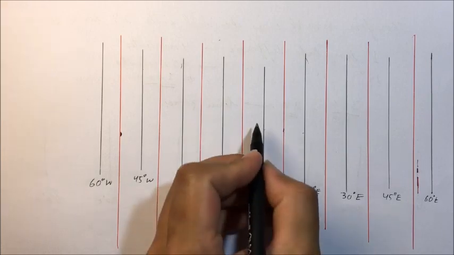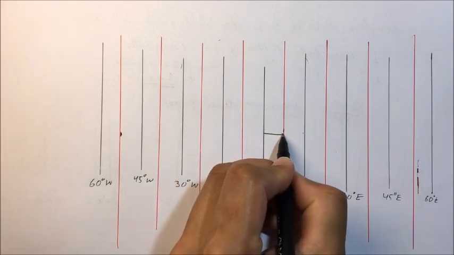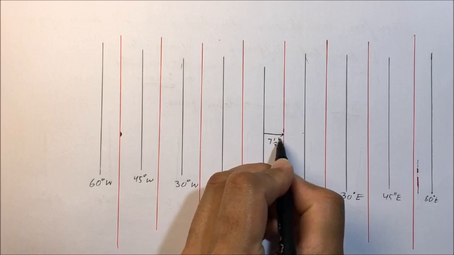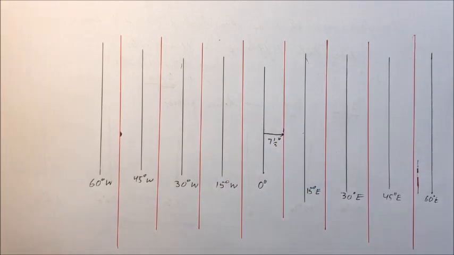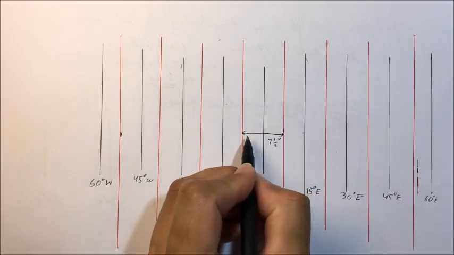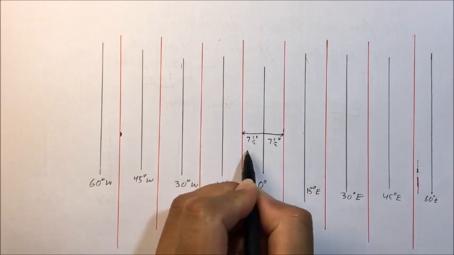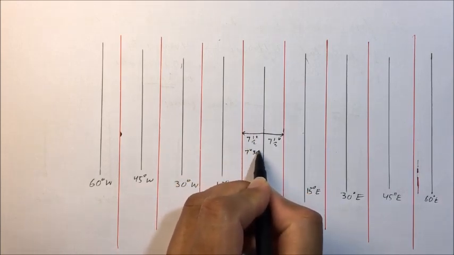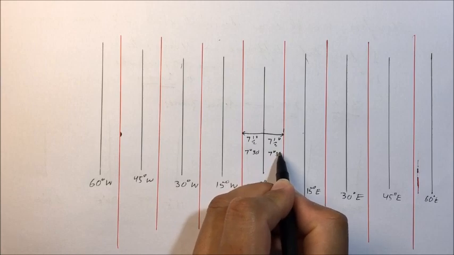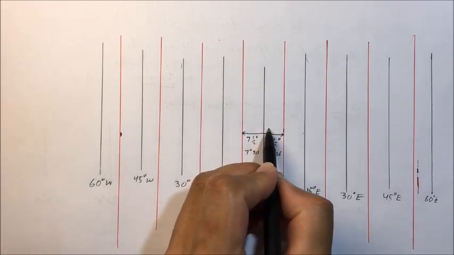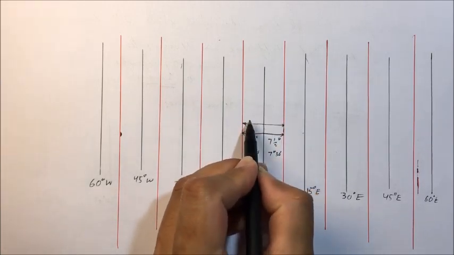This is 0 degree, we are taking 7.5 degree on this side and 7.5 degree on this side, that is 7 degree 30 minutes, 7 degree 30 minutes. So this total is 15 degree.